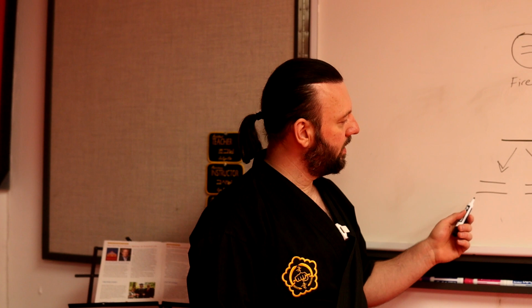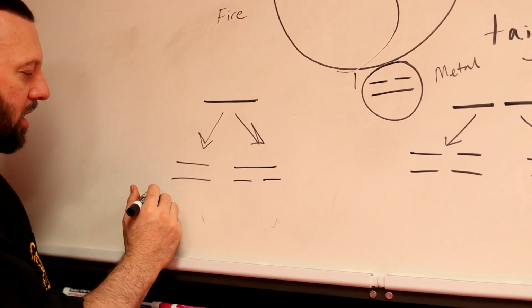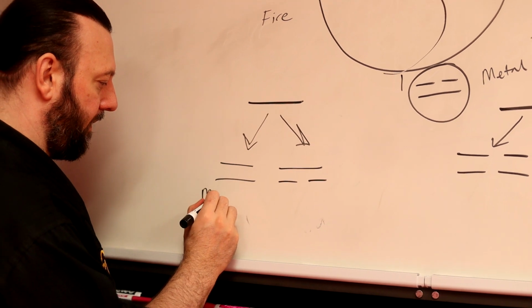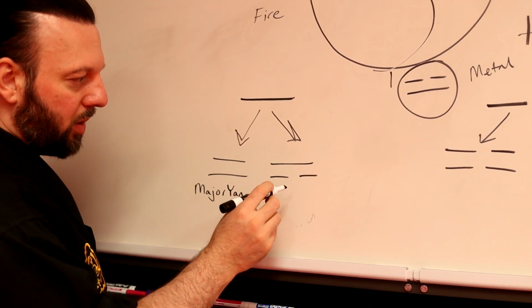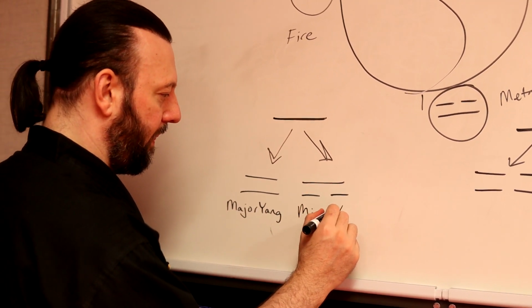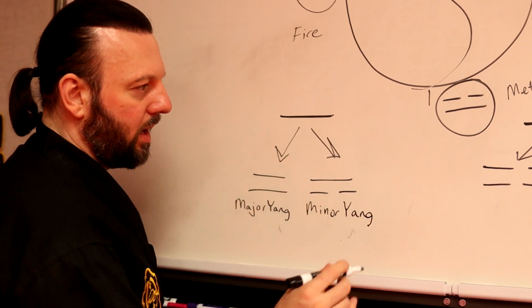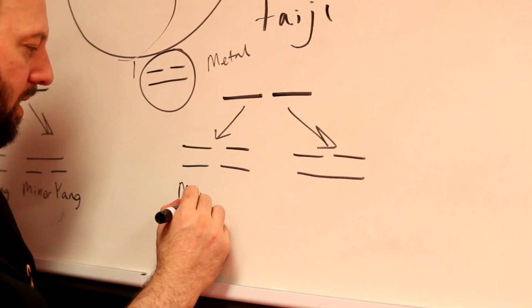Traditionally, this one with the double solid lines is called major yang. And this one with a little bit of yin is called minor yang. And then over here, the double yin we call major yin.